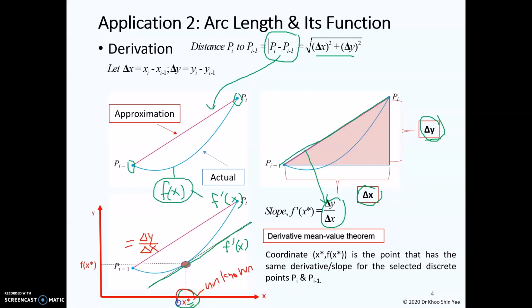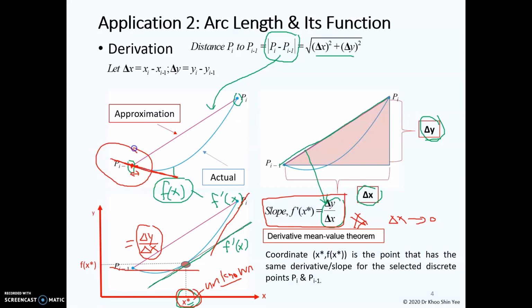However, this particular point of x is unknown, which makes this formula invalid. For example, if you choose the point at here or here, the slope will be different from the delta y over delta x. To ensure that this formula is valid, the delta x must be small, so that the approximation curve will be in the same direction as the actual curve.